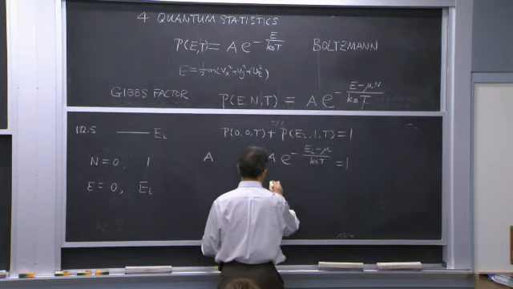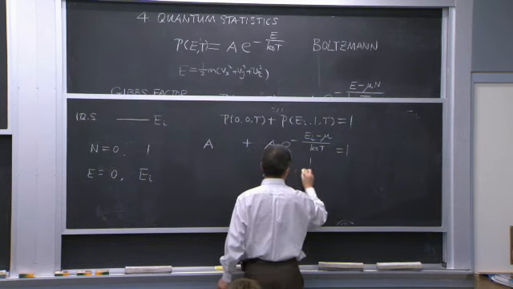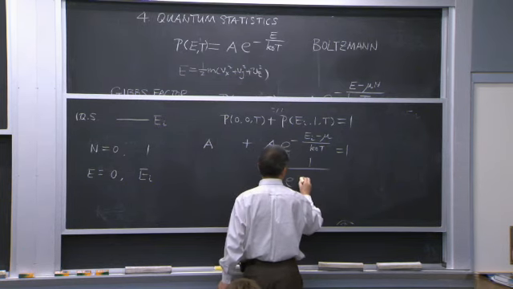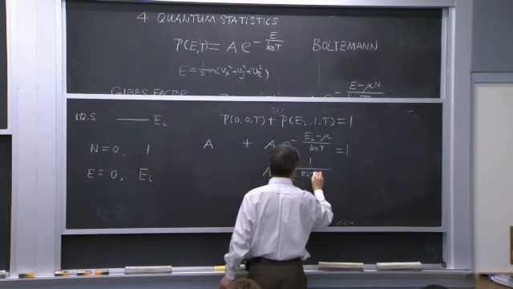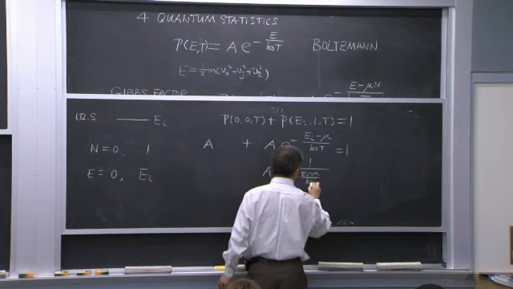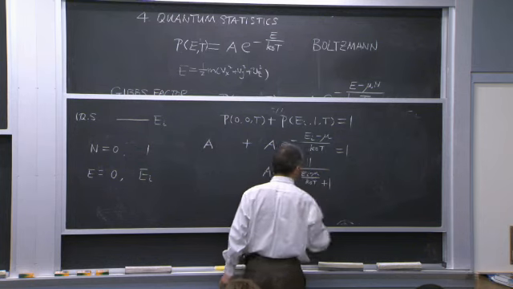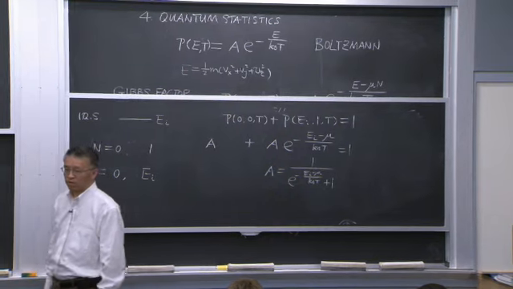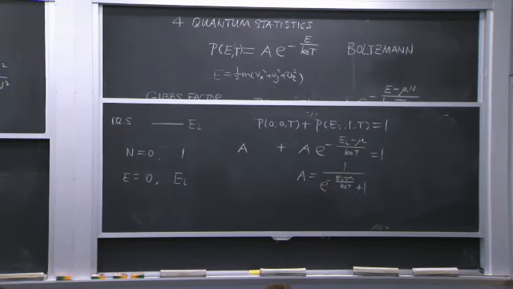So this gives me A equals 1 over exponential of minus (EI minus mu) over kBT, plus 1. That's my normalization factor, A.